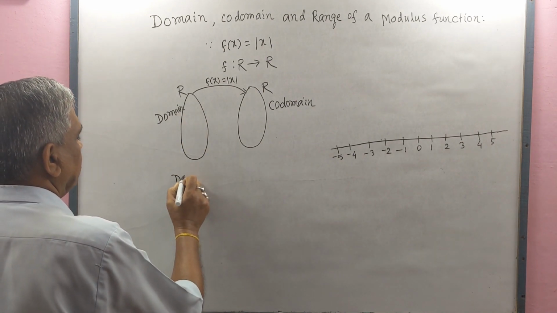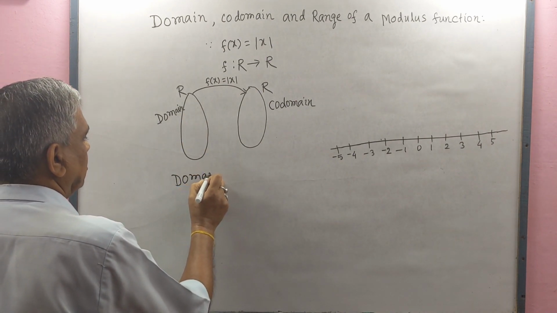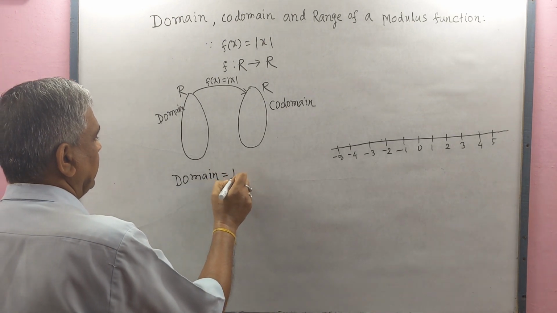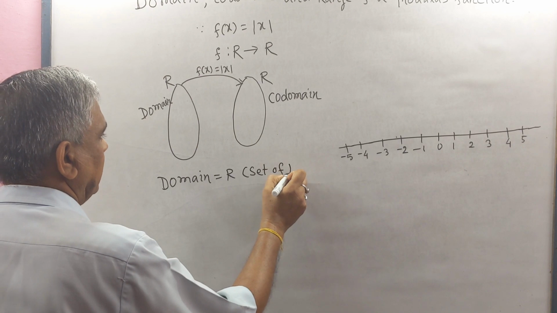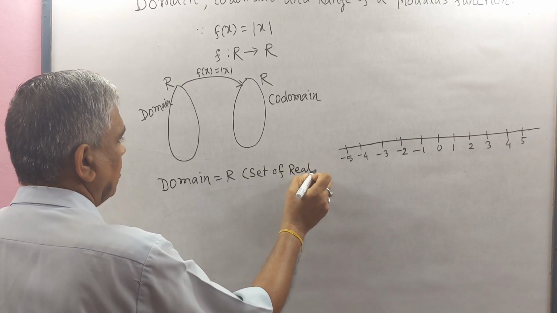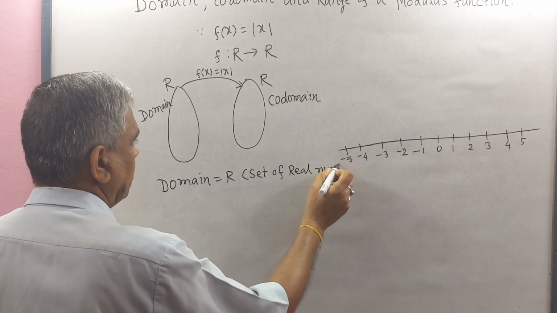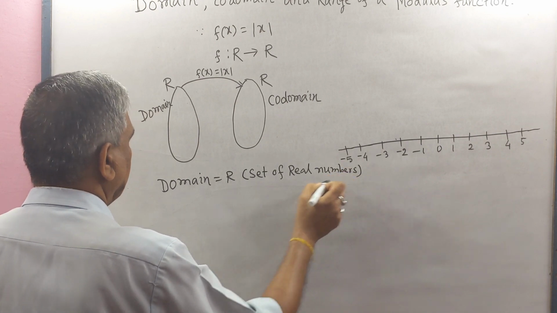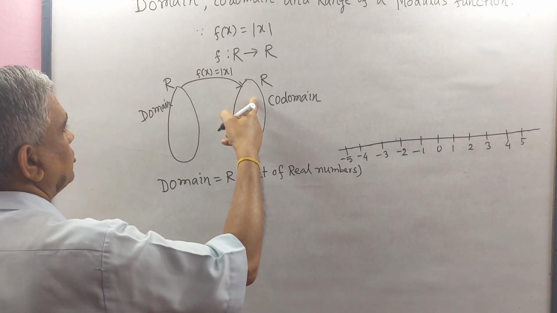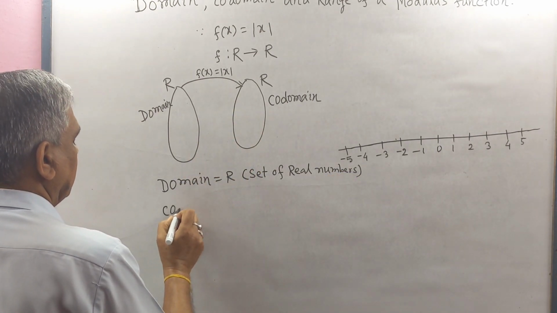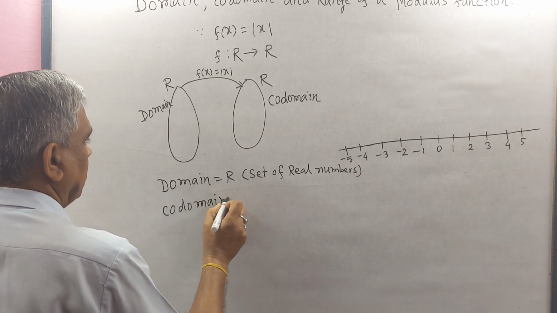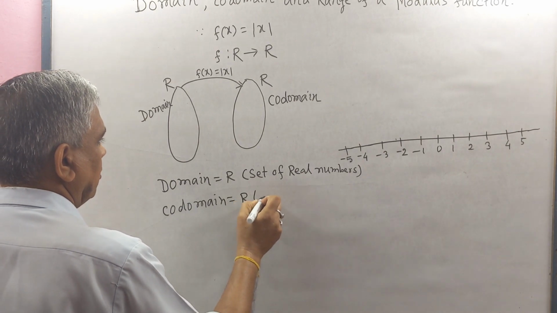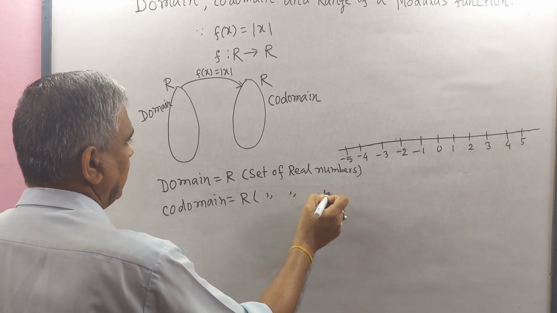Codomain is also the set of real numbers.